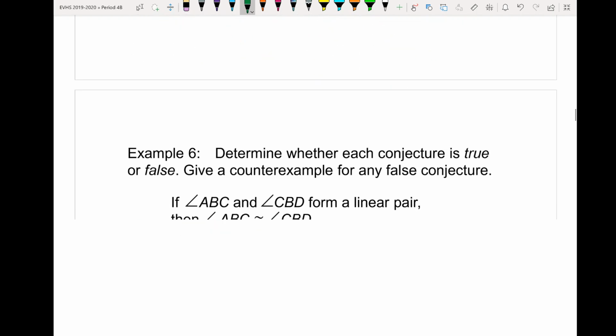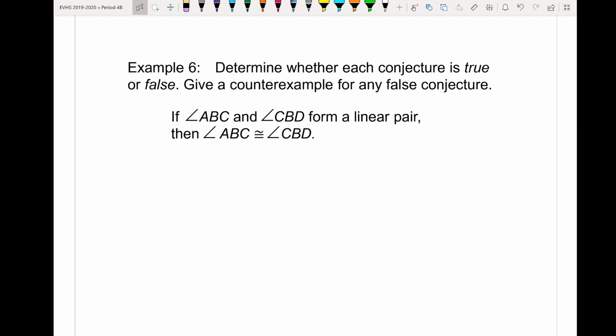All right, next up. If angle ABC and angle CBD form a linear pair, first off, what's that going to look like? Sorry, y'all can't see this. They were drawing on their papers for me. Boom, linear pair. Then angle ABC is congruent to angle CBD. Oh, sorry, I forgot to read on these. Determine if they're true, and if they're false, give a counterexample.